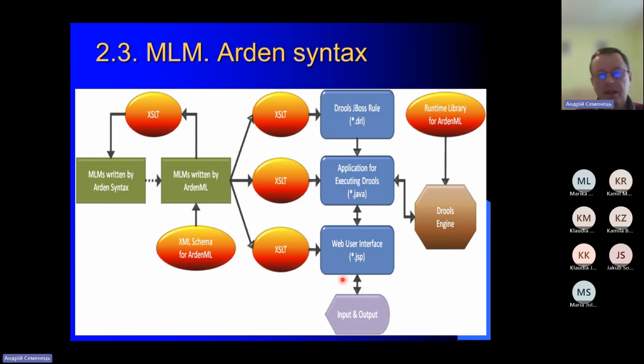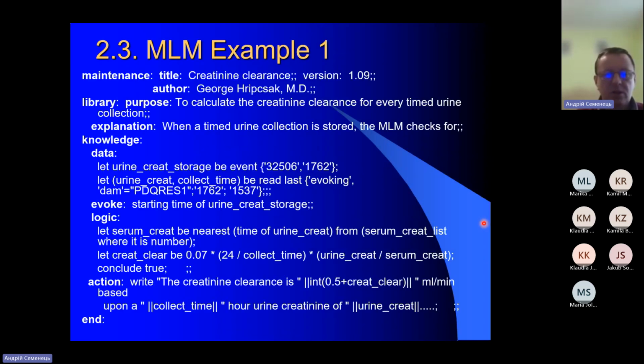And here is an example of how it could be written, again, with XLS and a Java application. Here is how all these text files can be turned into a general solution. And here is an example of an MLM model, written according to Arden syntax.